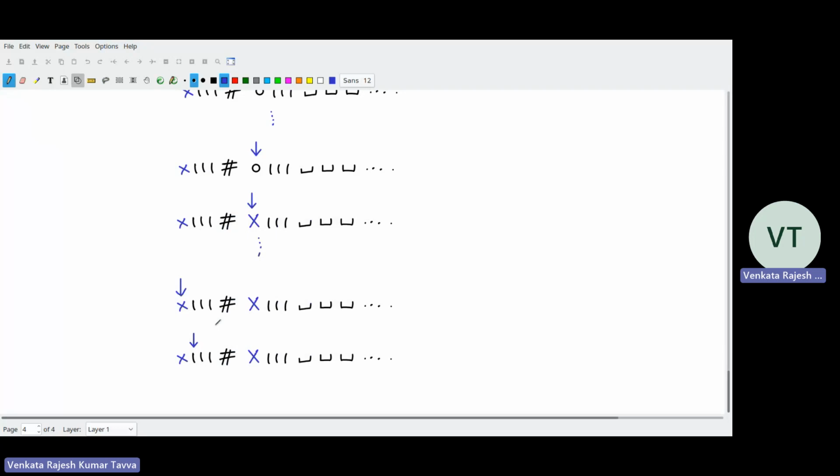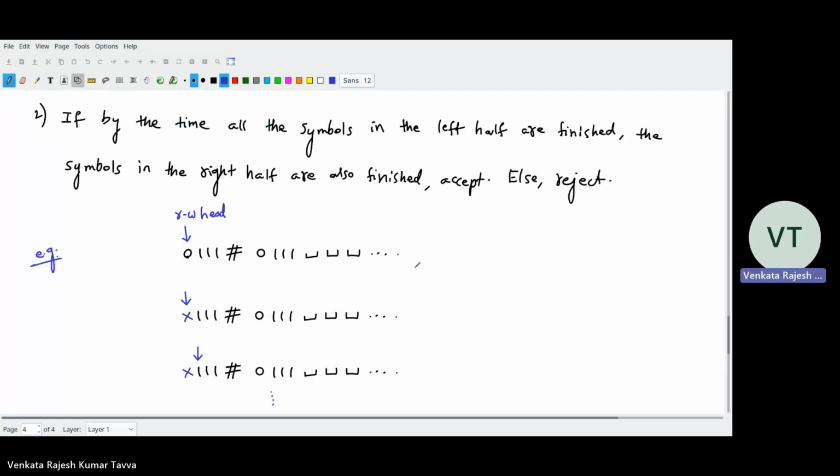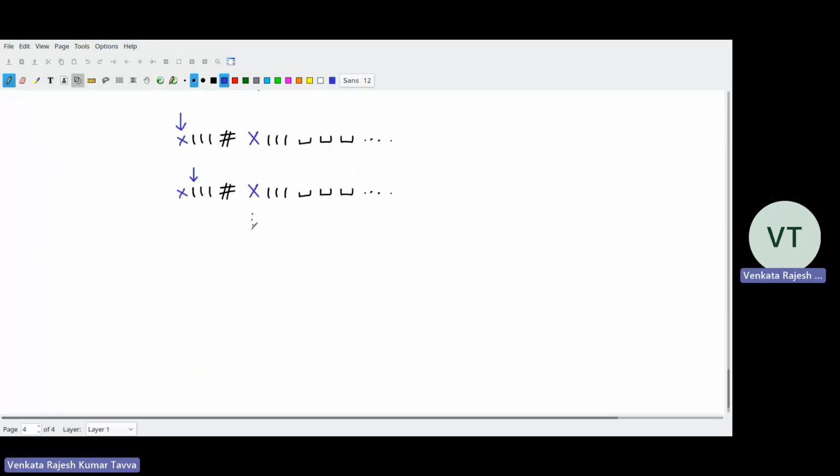If it is fine, I will cross it, come back and continue this process like that. Okay. So I'll continue this process until all the symbols are crossed on both sides.